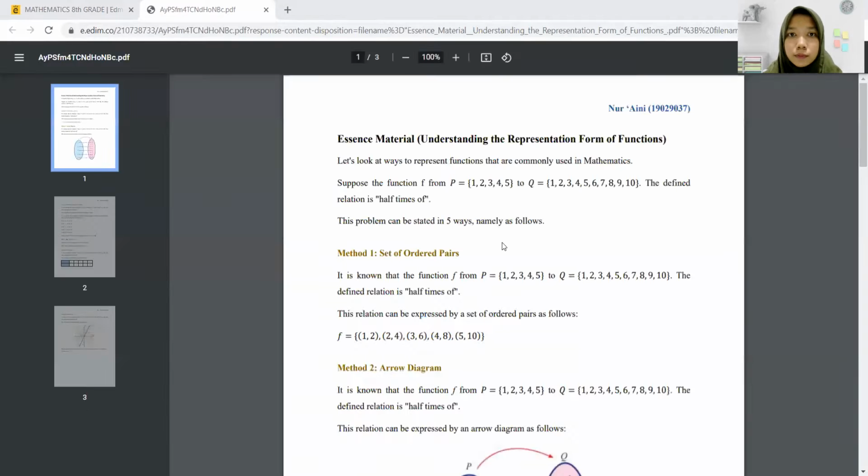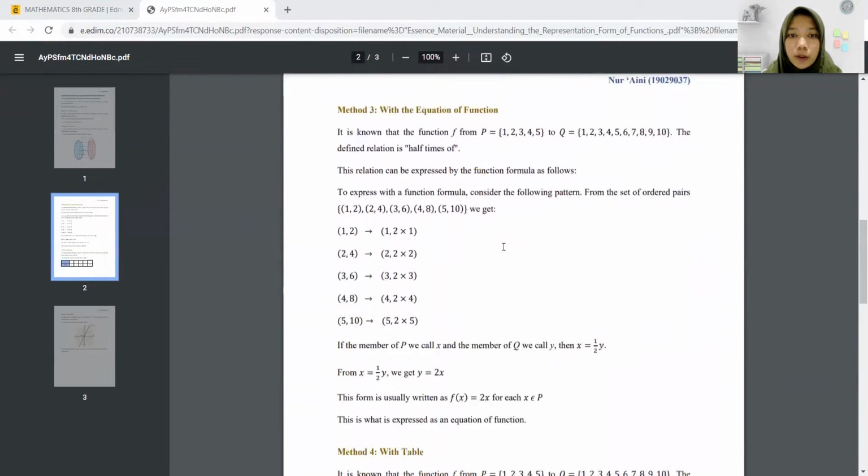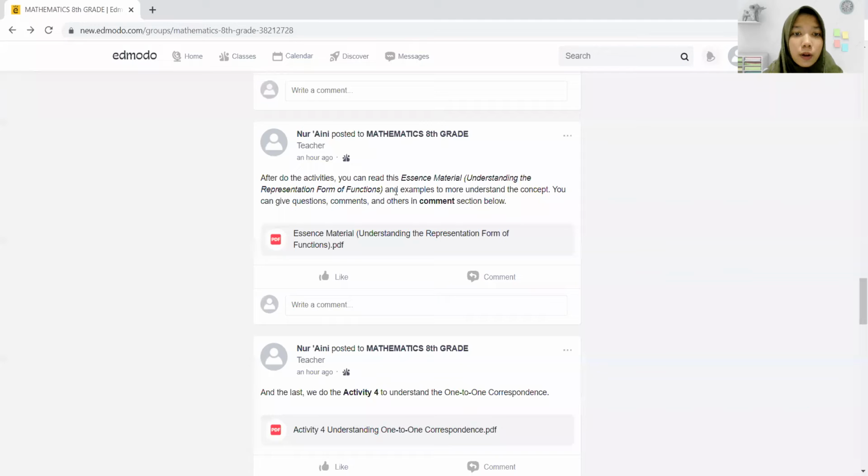Students can open this file and students can read the essence material to more understand about the concept. This is the essence material.